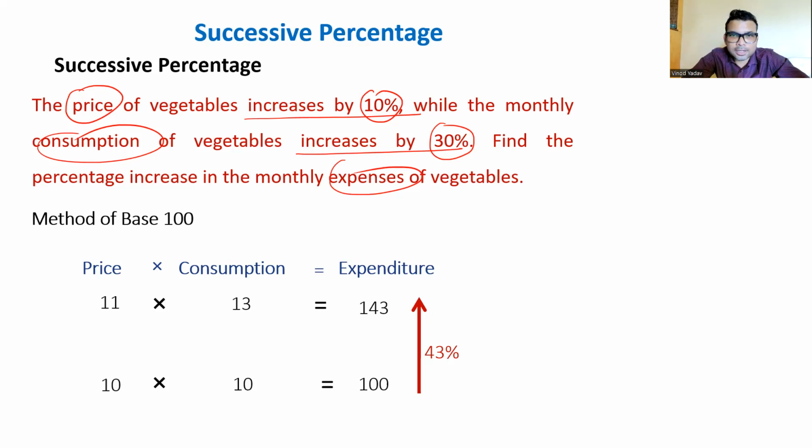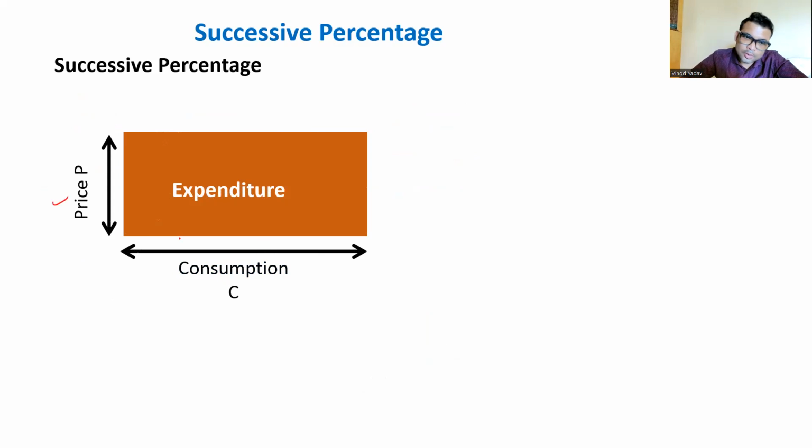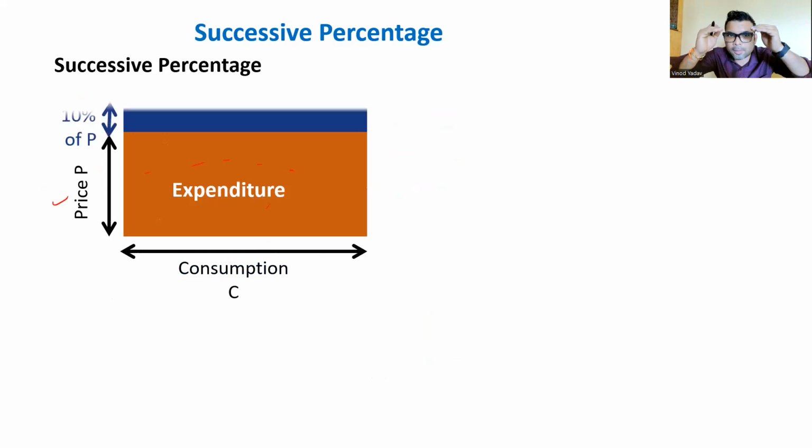Yes. Let's understand this again through the diagrammatic manner. So price into consumption is expenditure. This is exactly like the area of a rectangle, wherein I'm taking length as consumption and the breadth as the price. So area is this expenditure part. Now, price increased by 10%. So see, this is going up by 10% of that old price.